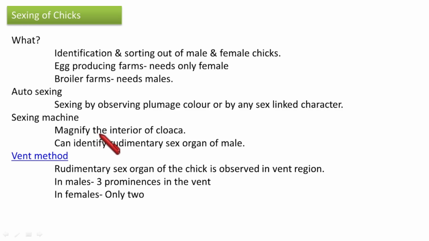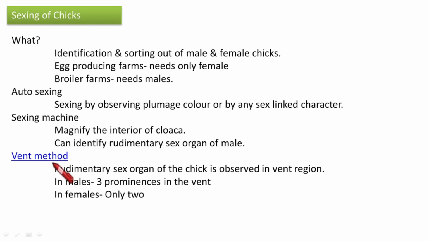On observing in that way, we can identify rudimentary sex organs of the male, meaning the initial first stage of the male sex organ we can detect while observing the interior of the cloaca. In that way we can understand whether that chick is a male or female.